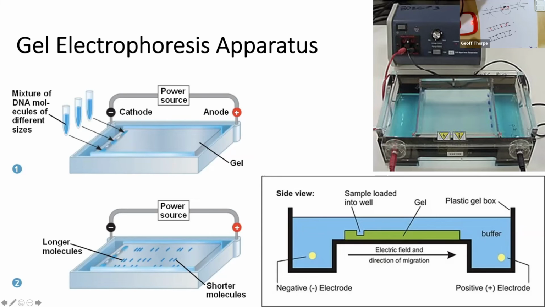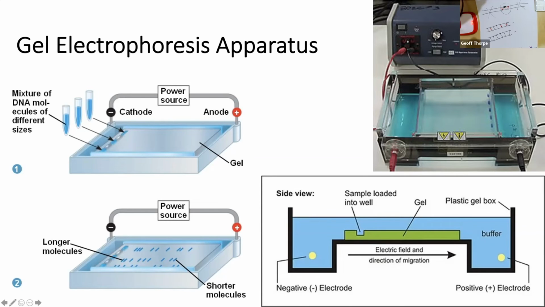It's not actually including the power supply. So we've got a side view of the gel tank. The actual gel itself, the DNA agarose gel, is just this green thing here. And it's sitting completely submerged in a buffer. And we're going to have a negative electrode in the buffer on one side, a positive electrode on the other.